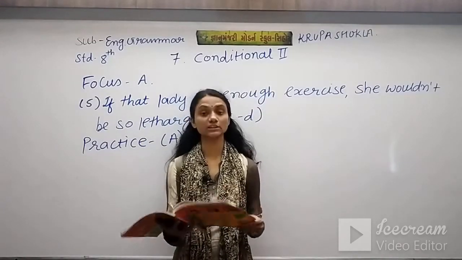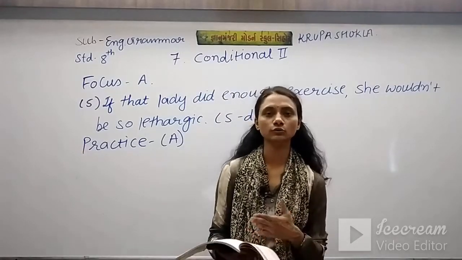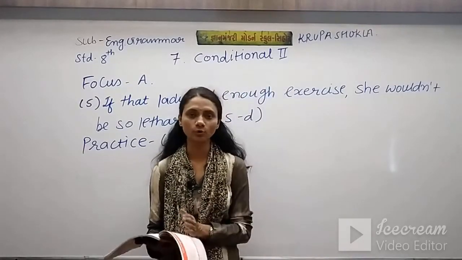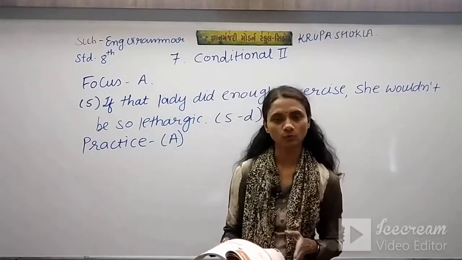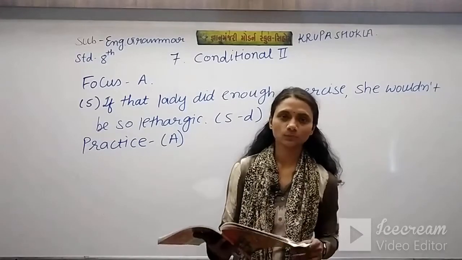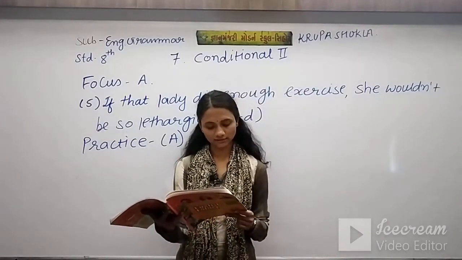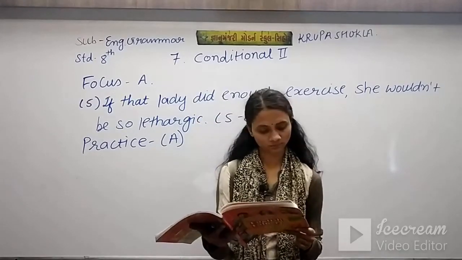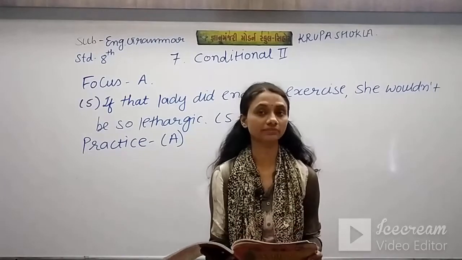The first one has been done for you. Situations are given here. We have to use simple past as well as would or wouldn't, and not forget the comma. First is, bake a cake, share it with my friends. If I were to bake a cake, I would share it with my friends.